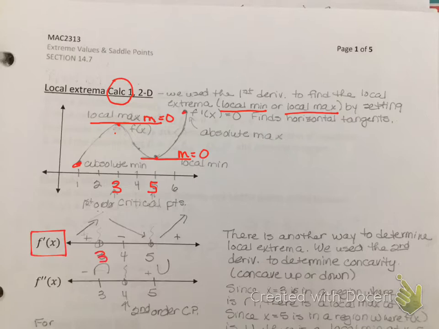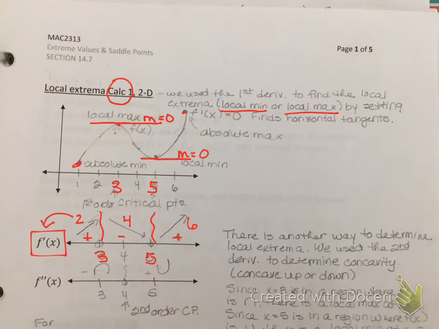We put those critical points on the number line, broke it down into regions, and then tested numbers such as 2, 4, 6 in the first derivative's factored form to determine whether we got a positive or a negative value for everything in that region.